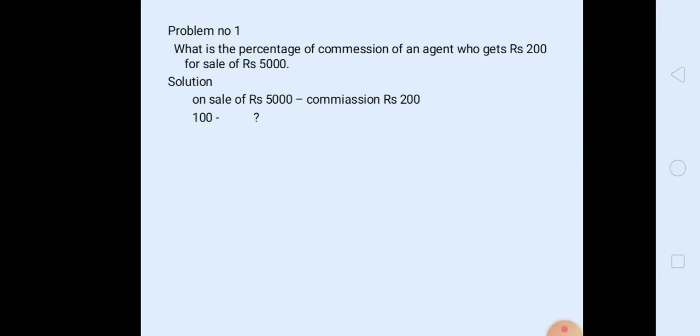Now let us proceed to the next problem, that is find x. Here they have told us: find x when 5% of x is 80.